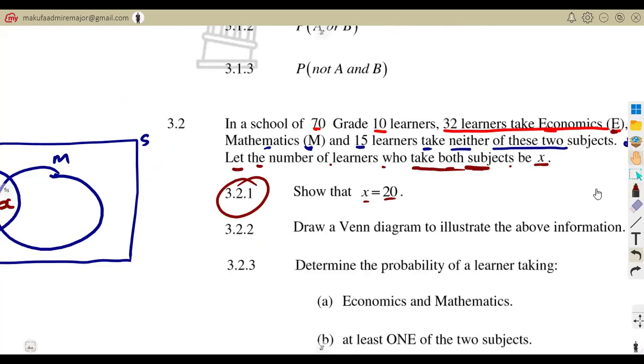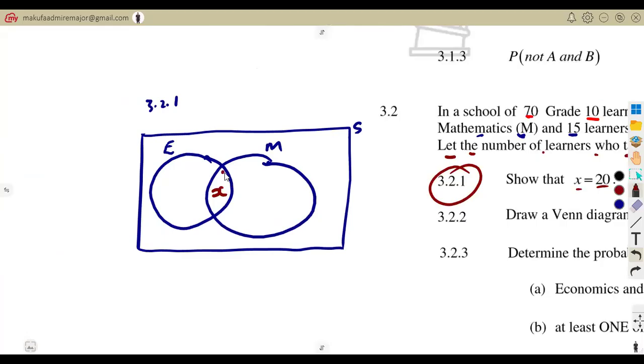This is the set of economics, this one. That is where we have the 32. But as you can see, inside that there is also X here. Inside of those 32 that we are given in economics, there is also X, which are on both.